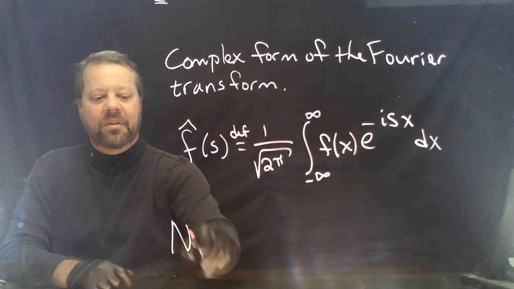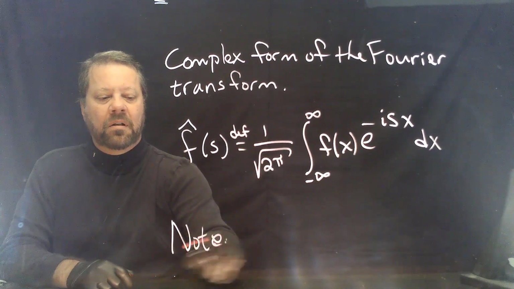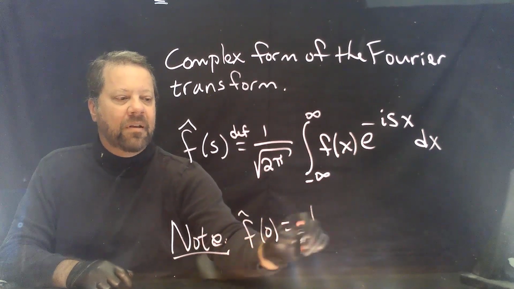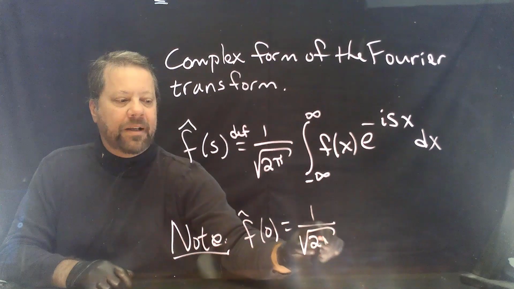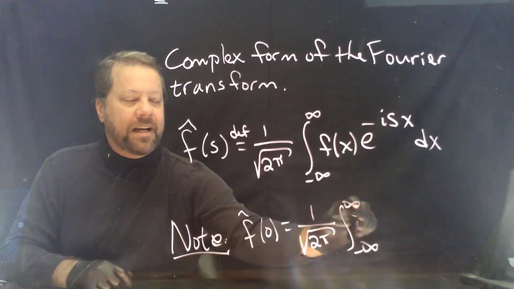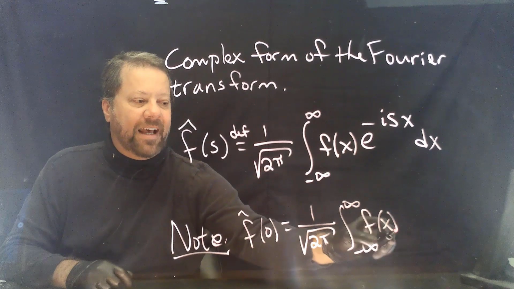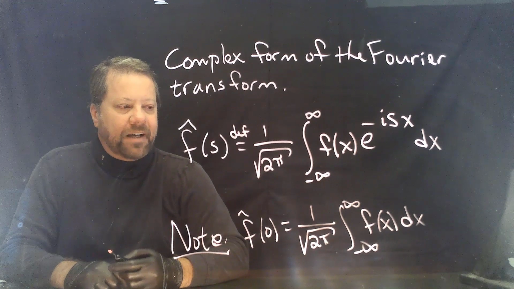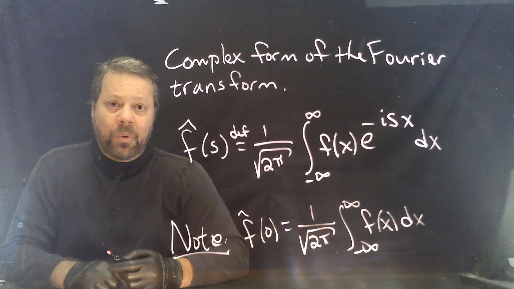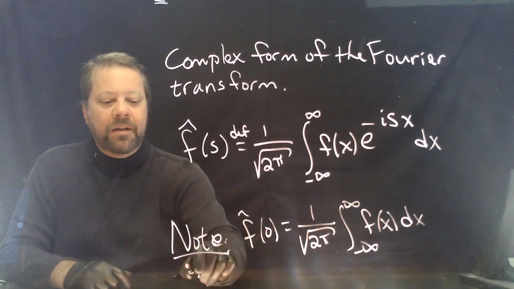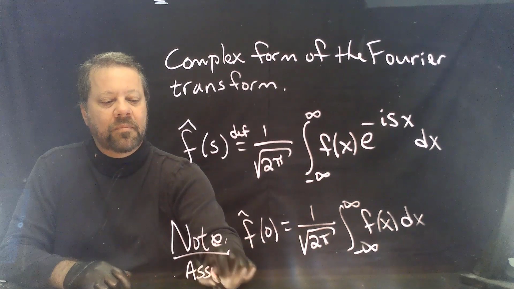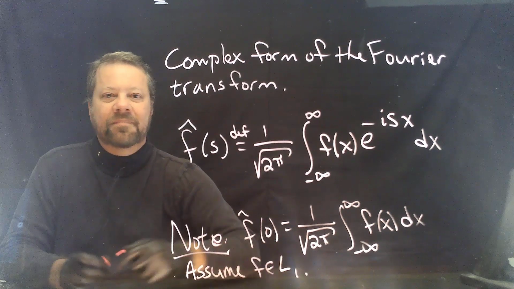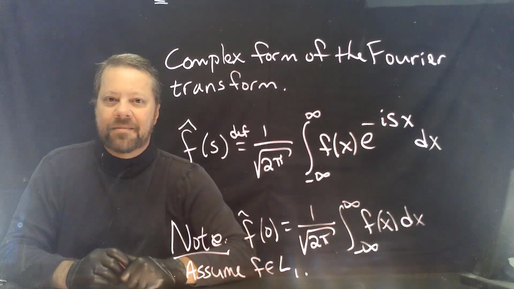Also note that f hat of 0 is going to be 1 over the square root of 2 pi, the integral from minus infinity to infinity of f of x. If s is 0, we just get the integral of f of x. Now, we require that this integral be finite, so we're going to assume that f is an element of L1. So these are going to be integrable functions.